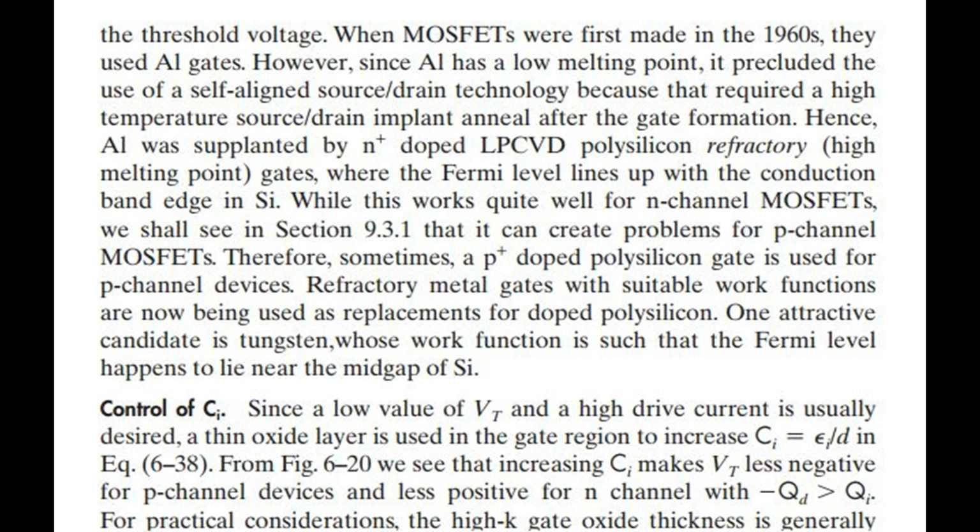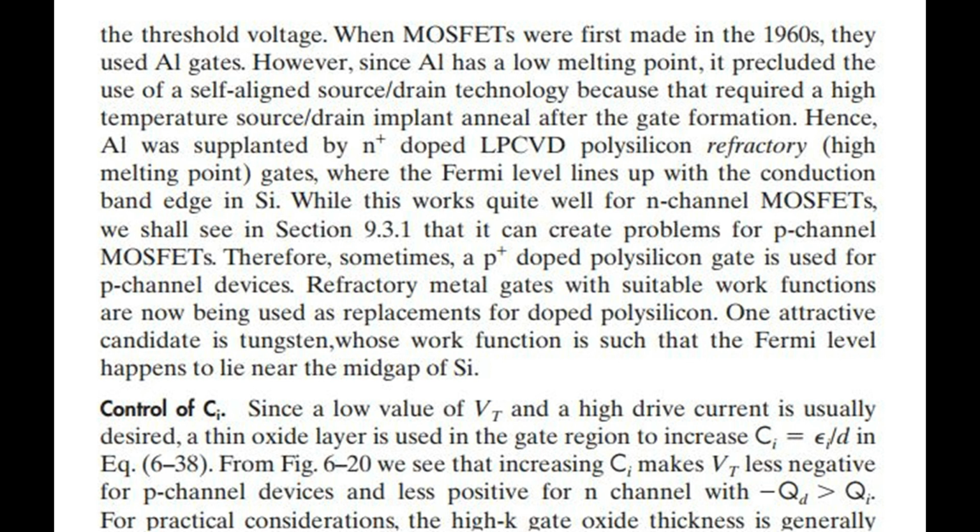However, since aluminum has a low melting point, it precluded the use of a self-aligned source/drain technology because that required a high-temperature source/drain implant anneal after the gate formation. Hence, aluminum was supplanted by N+ doped LPCVD polysilicon, refractory, high melting point, gates, where the Fermi level lines up with the conduction band edge in silicon.